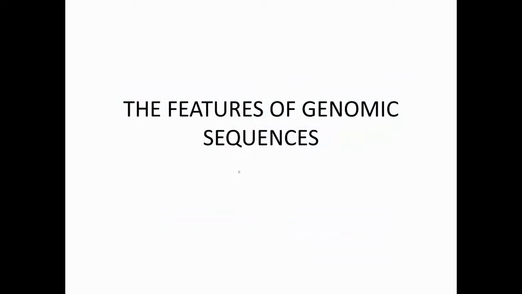And then the features of the genomic sequence. As I mentioned, in eukaryotic cells the correlation between genome size and gene number is weak. That's because in eukaryotic cells you will see many repetitive sequences.